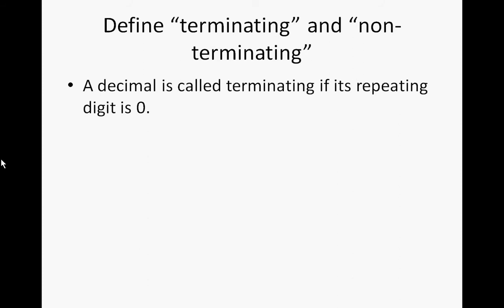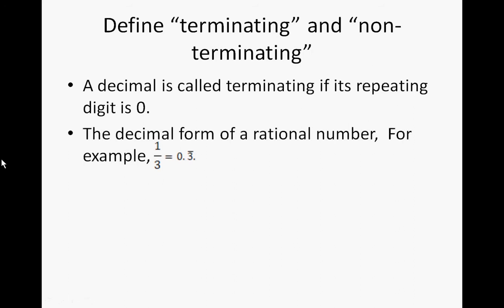A decimal is called terminating if its repeating digit is 0. So if we keep getting 0 as our answer as we keep dividing using long division, then we never write the zeros at the end, so we just stop with the first non-zero digit.